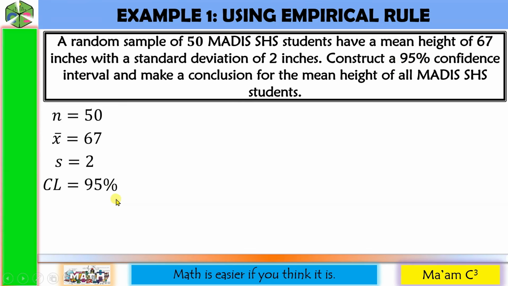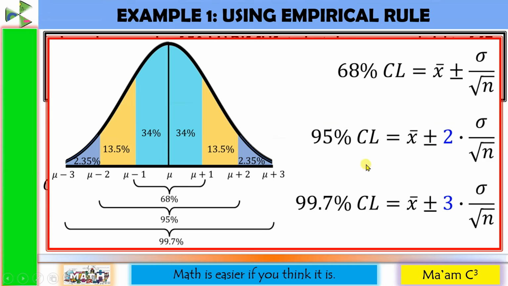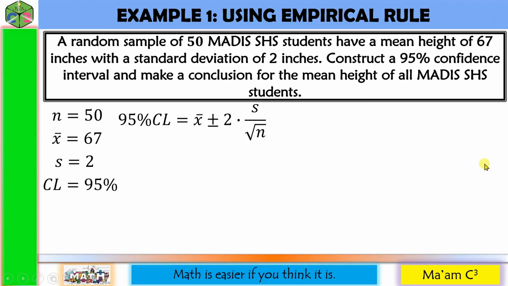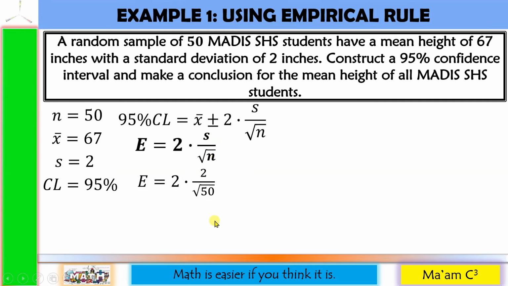If it is 95%, then we are going to use this formula in constructing the confidence interval. This portion here is actually the margin of error, so we can compute first for the margin of error. Let us substitute 2 for S and 50 for n, and this will give us 0.57.